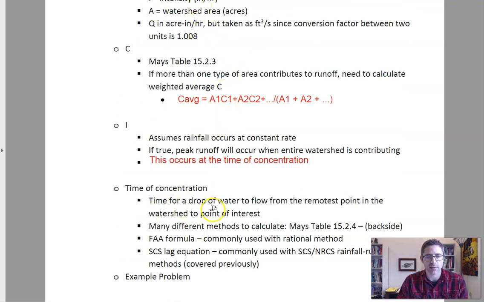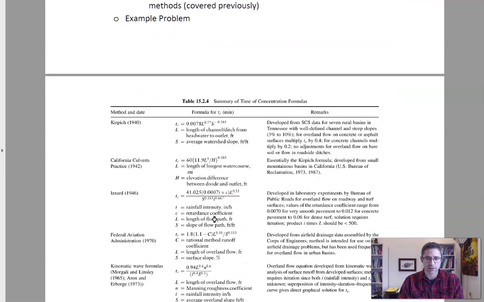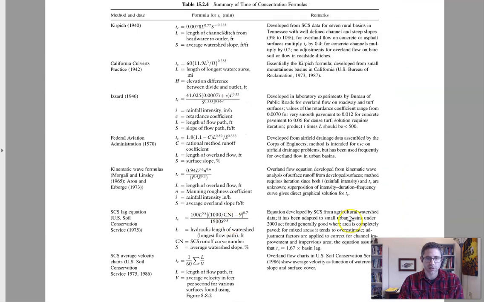How do I calculate the time of concentration? Well, there are a lot of different methods. If I look at the next page here, here's a summary of time of concentration formulas. These aren't all for the rational method; some are used for others. For example, this SCS lag equation right here is the one I presented for time of concentration in the NRCS methods lecture.